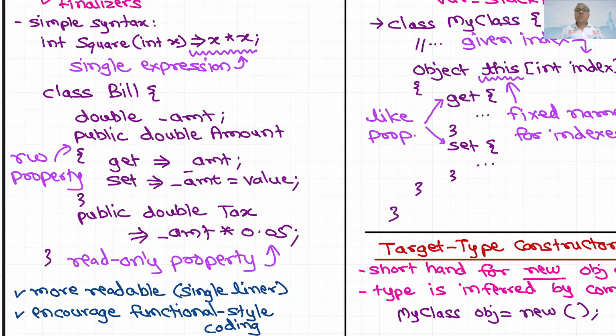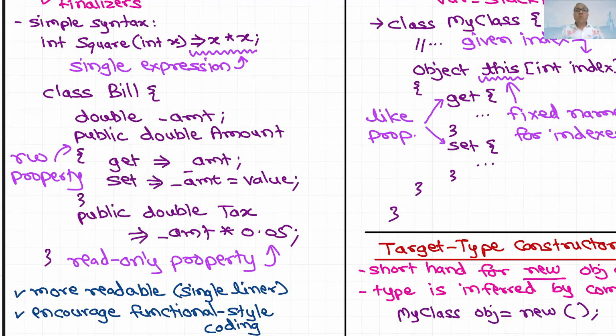But if you just want to return the amount, a single line, the arrow operator is enough. And for setting, if you want to set only a single value without any kind of check, I can simply use the arrow operator and set the value. I hope you remember that in properties, value is a keyword.